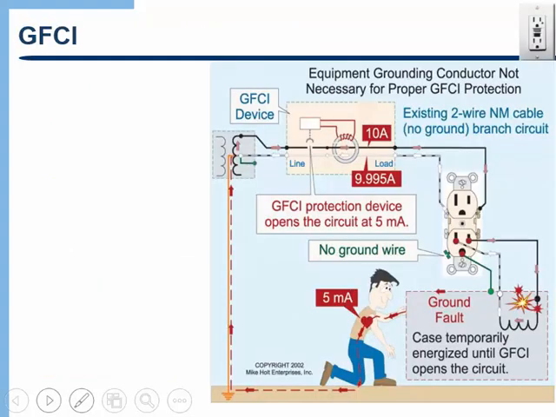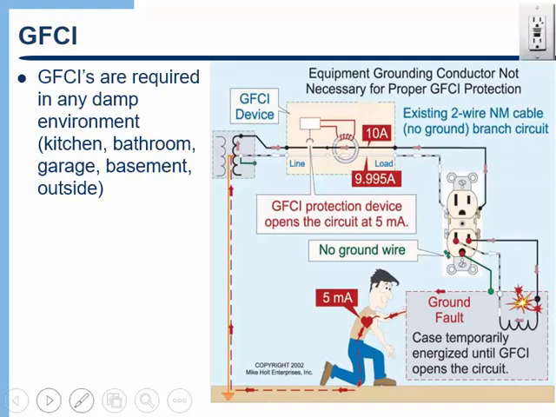Okay, the last thing I want to talk about is the concept of a GFCI. Remember that we know we're most likely to get hurt by electricity if we're in a damp environment. And so certainly kitchens, bathrooms, garages, basements are all places where there's likely to be moisture in the environment. So that's where we have to be extra careful.